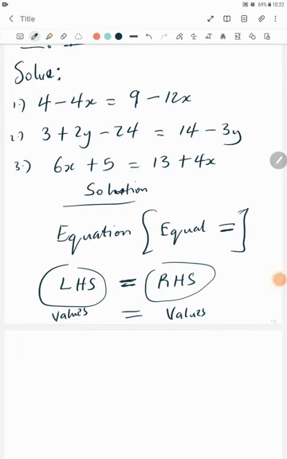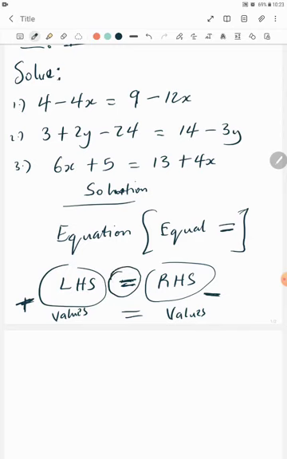It simply means that whatever you do to the left hand side of an equation must be done to the right hand side, because both of them are equal. If you do anything to this side without doing it to the other side, then you have jeopardized the expression.